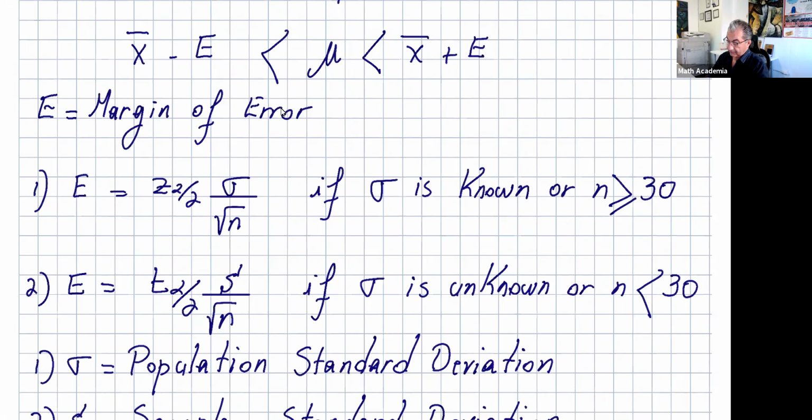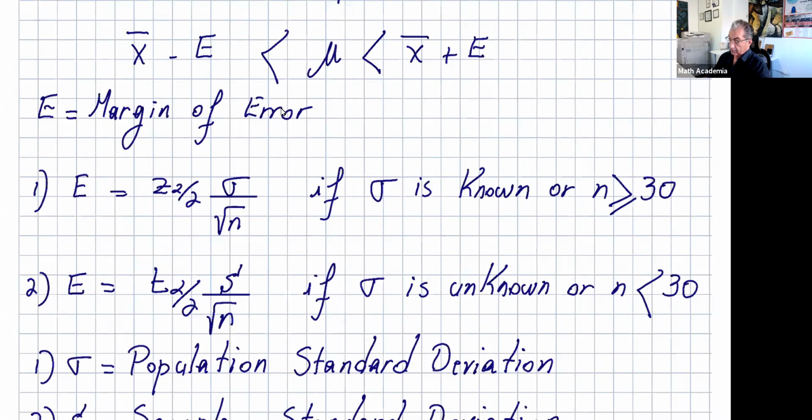But if the population standard deviation is not given in the problem or is not known, then we use t sub alpha over 2, or sometimes n is less than 30 and the population is not normally distributed, then we use t. To make it easier, just know when sigma is known, use z, and the problem is going to state that clearly. If sigma is unknown, use t.